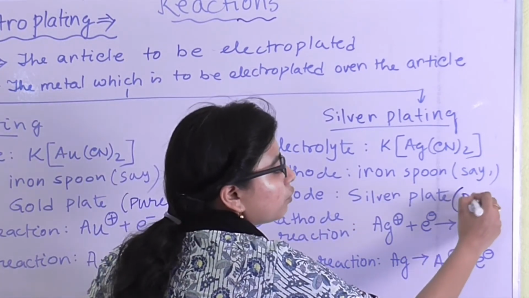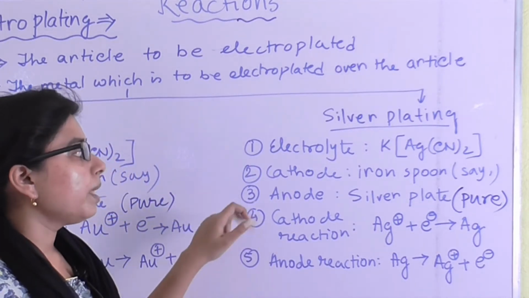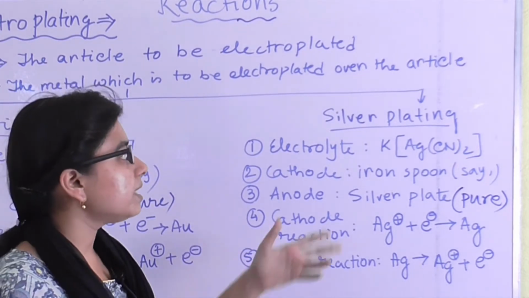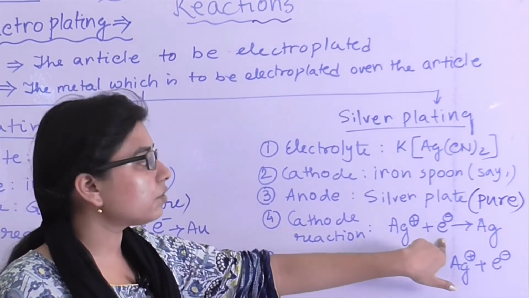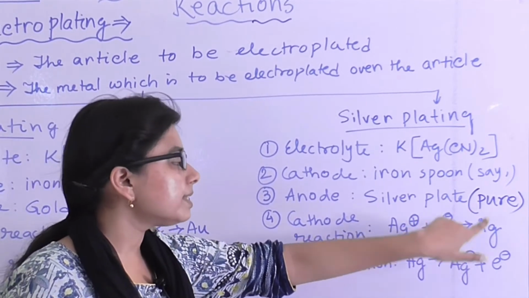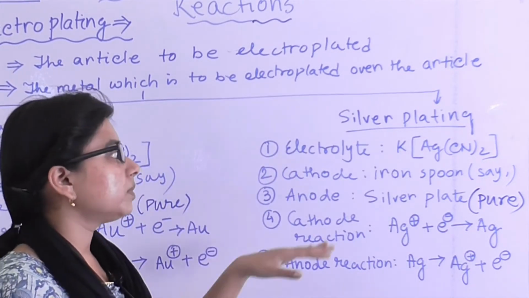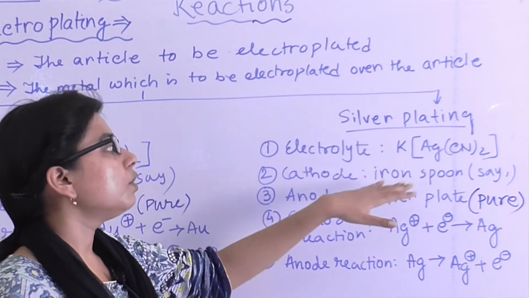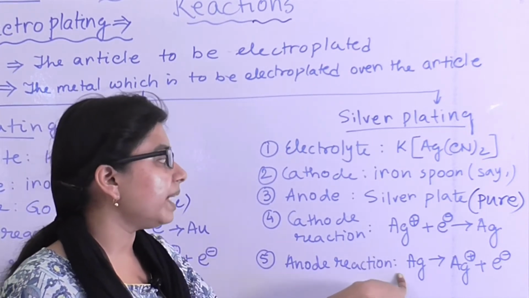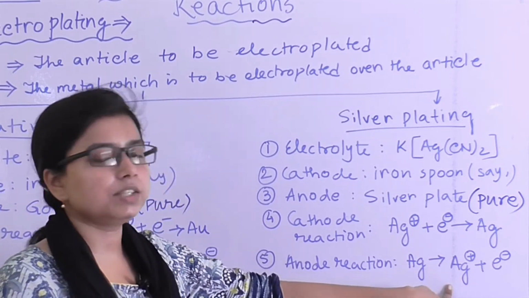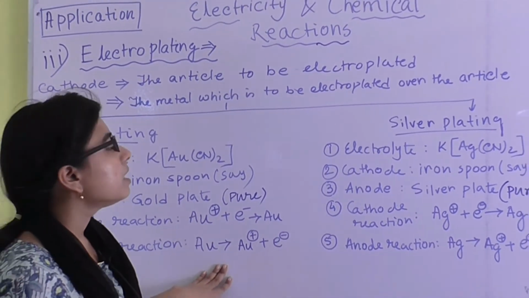Okay, this silver strip or plate we can take as the anode, and at the cathode reduction will take place, that is Ag+ formed from this electrolyte will accept one electron forming silver metal, and this silver metal will deposit over the iron spoon forming a coating of silver over the spoon, and at the anode oxidation will take place, where silver metal will release one electron forming Ag+ ion. So this is the whole application of the process.